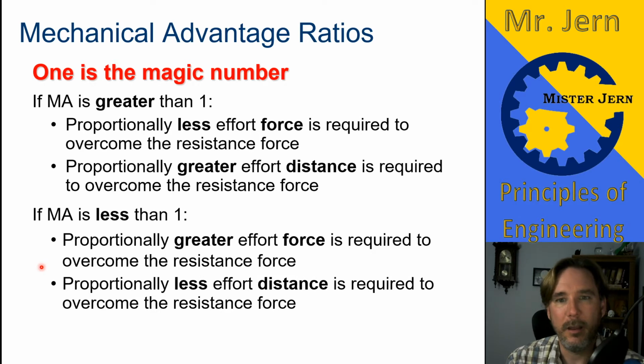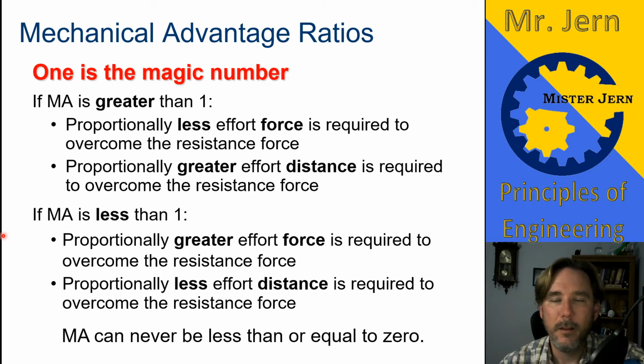If the mechanical advantage is less than 1, then it's going to take a greater effort force and require less distance. Keep in mind that it's a ratio and mechanical advantage can never be less than or equal to 0. If it's 1, what does that mean? That means you don't have any mechanical advantage and you're just getting a 1-to-1 ratio.